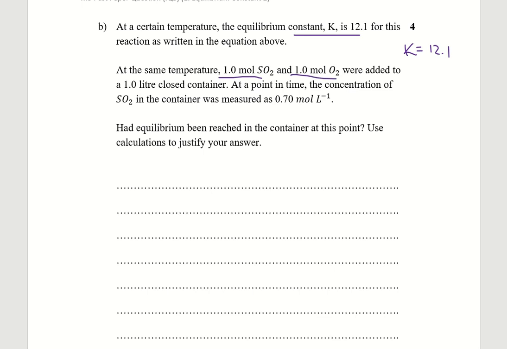They're added in 1 liter, and at a point in time, the concentration was measured as this. So we have some initial concentrations, and we also have some equilibrium reached concentrations as well.